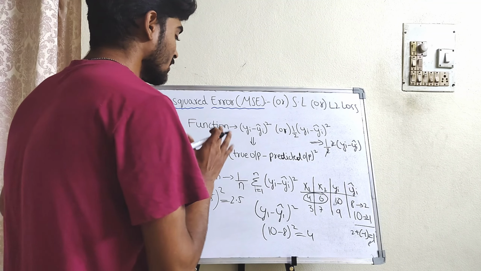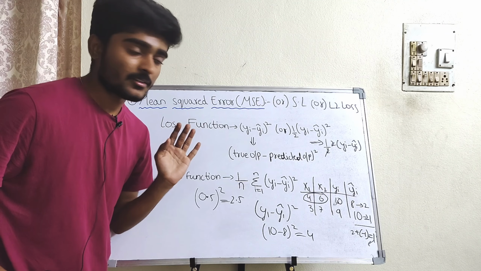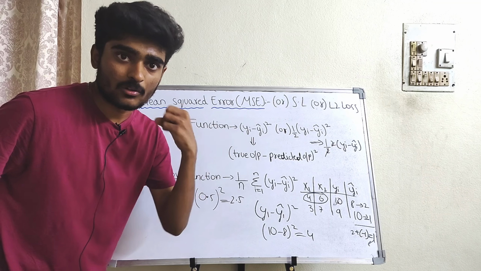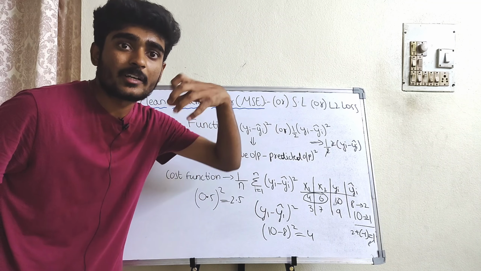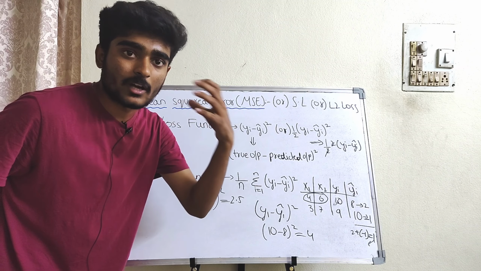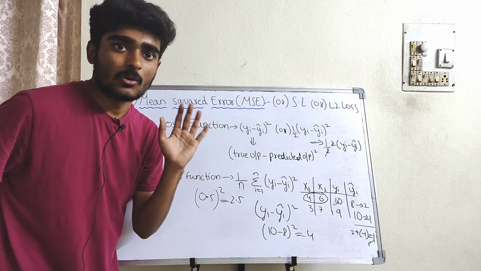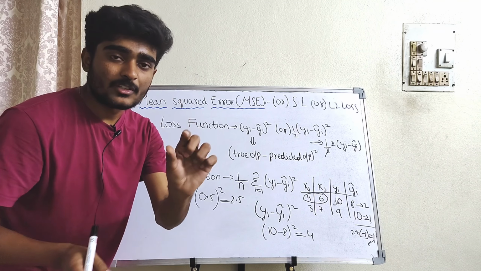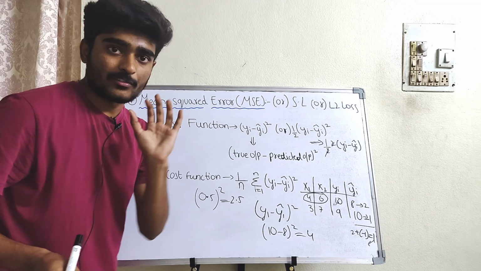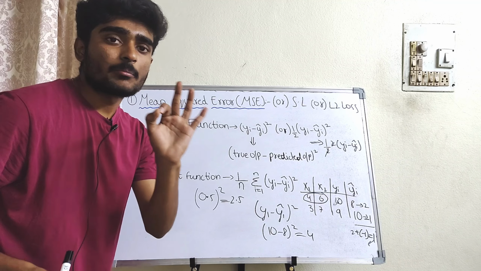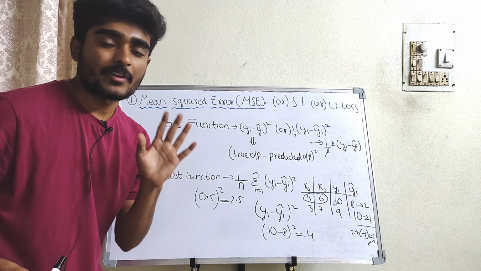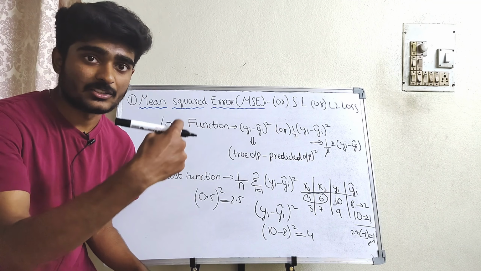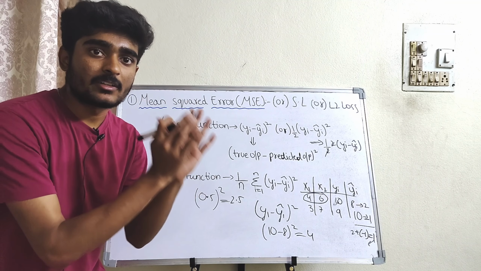Now what generally happens is that when the loss function output is higher, there will be a drastic update in the weights and biases.